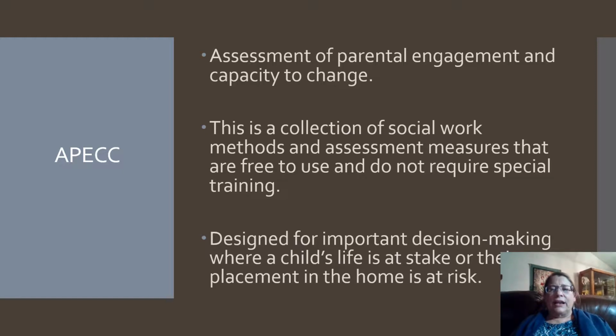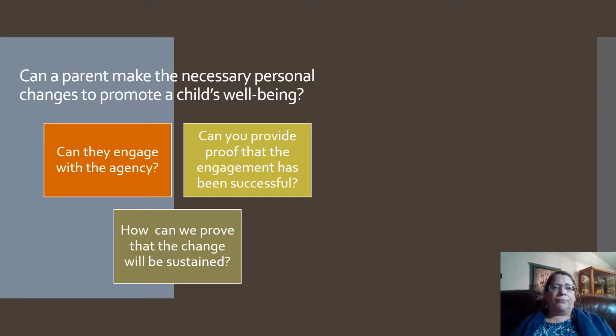So it's designed for important decision making where a child's life is at stake, or possibly the placement in the home or a daycare center or a school is at stake. So, can a parent make the necessary personal changes to promote a child's well-being? The components of that are, can they engage with you as a parent to professional?